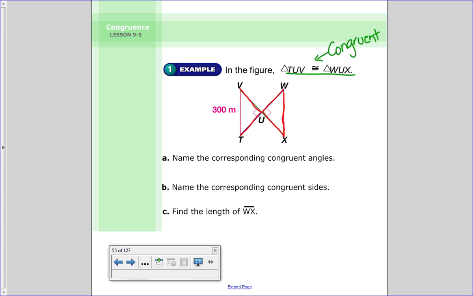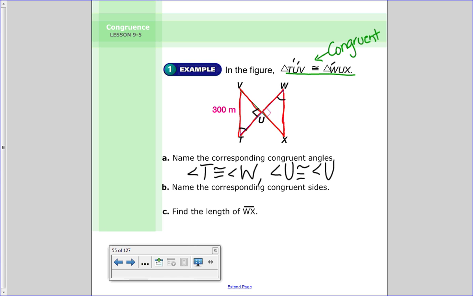All right, so if we do this, we can keep in mind the corresponding angles. So they start with angle T. Well, angle T must be congruent to the first angle listed here, which is angle W. And if you take a look, they do look like they're the same. All right, and then we can do the next one. Well, angle U is congruent to the second one they list, which is angle U of that one.